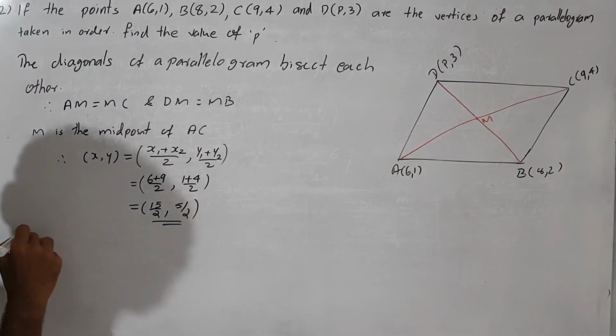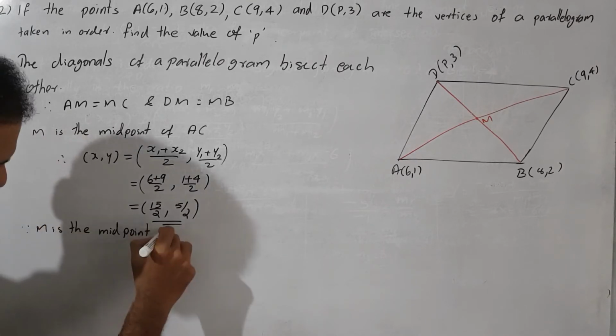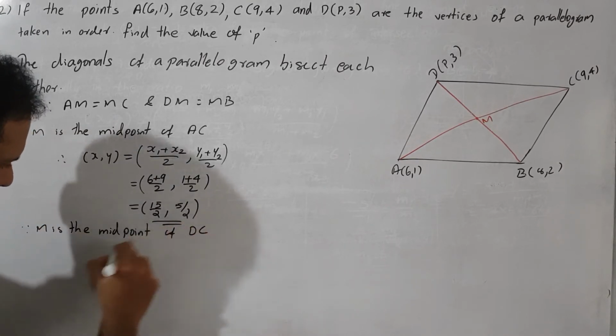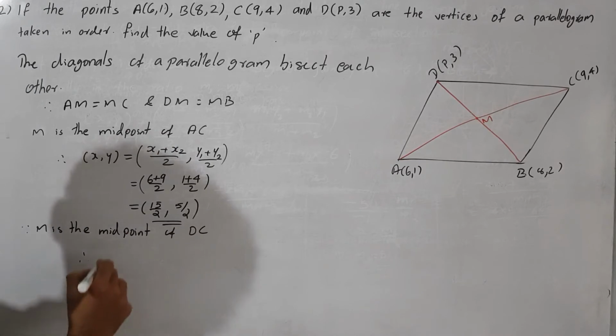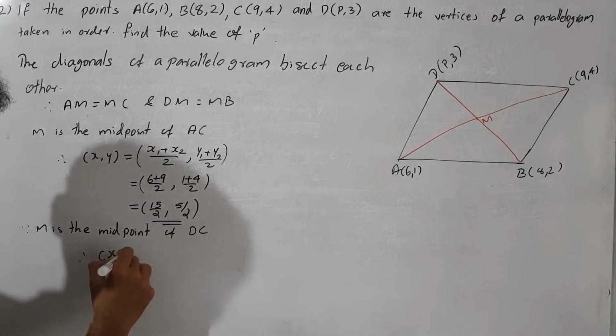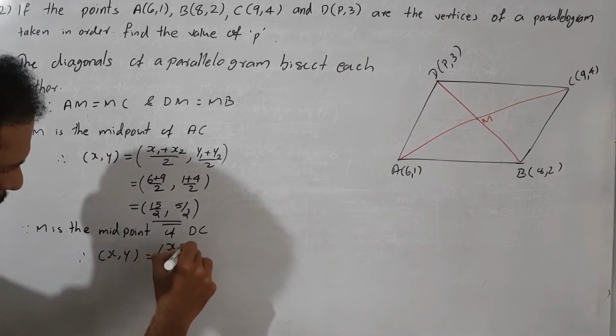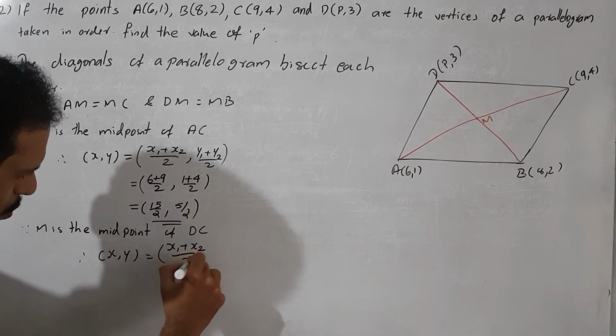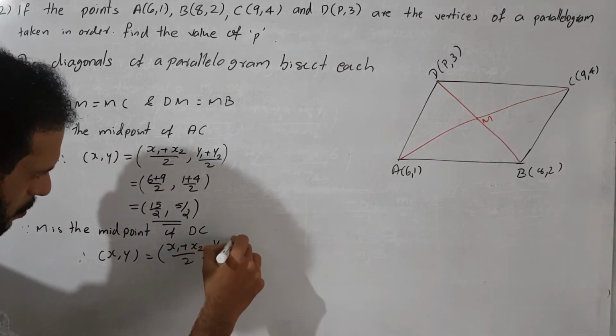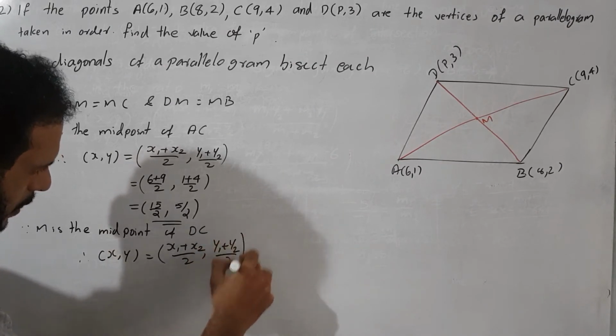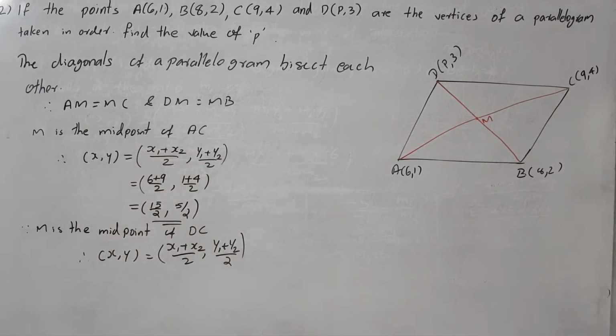Then since M is the midpoint of DB, how to get the (x, y), the coordinate of M? Yes, the same equation, (x1 plus x2)/2 comma (y1 plus y2)/2. Correct? We get the coordinate of M by using the diagonal DB. We use the same equation.